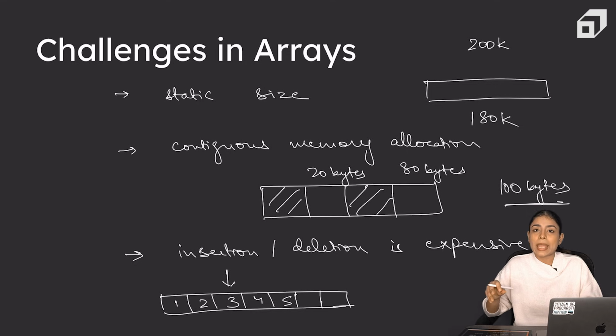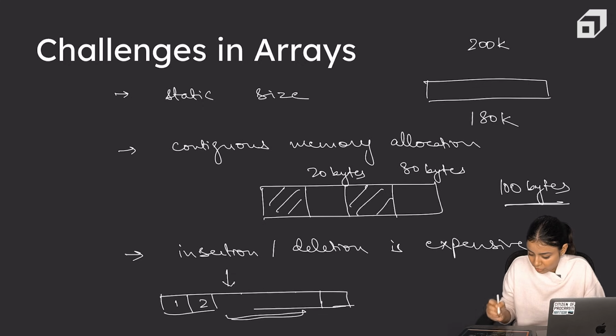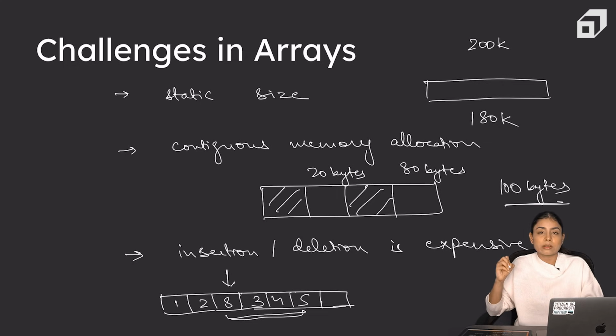Now to insert an element in the middle of the array, what I'll have to do is, first of all, whatever elements will come after it, I'll have to shift those elements. So I'll have to shift 3, 4, 5 first, and then I'll be able to insert 8 here.